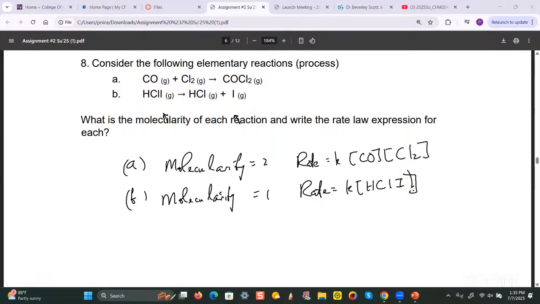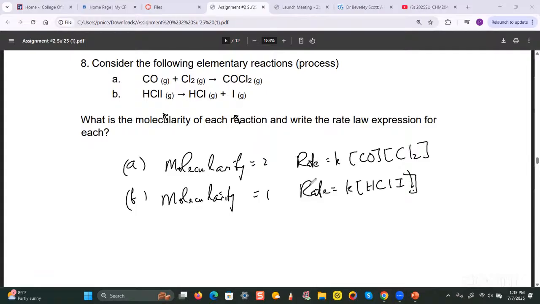Any other questions before I move on? If you were trying to determine which one was slower, these are two different steps from two different mechanisms, so we can't use this. But you're going to see how this works in the next example. For step B, are HCl and I in the same bracket?